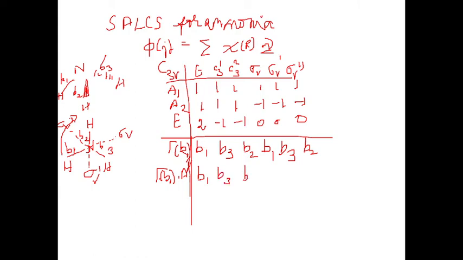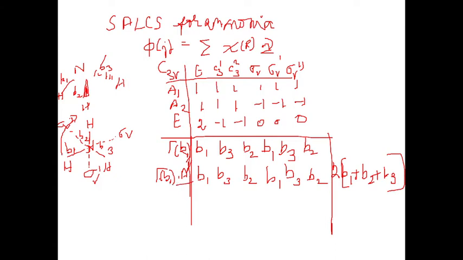B2 into 1, that is B2. B1, B3 and B2. Now the total is 2B1 plus 2 into B1 plus B2 plus B3. So this is the SALC for the orbital of symmetry A1.